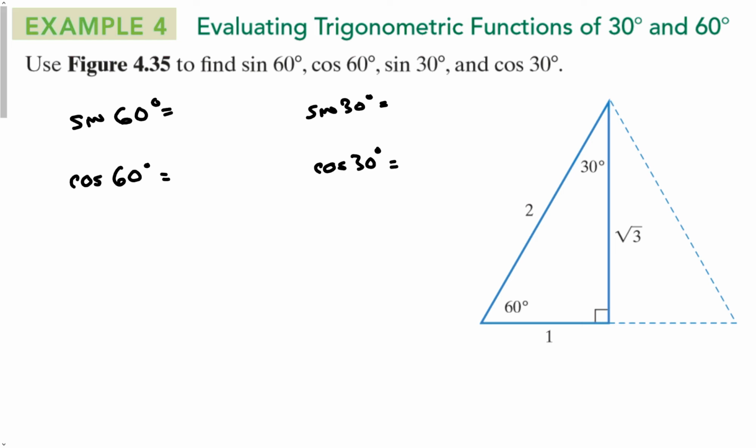If I want the sine of 60, that's this angle. Sine is opposite over hypotenuse. Cosine is adjacent over hypotenuse. But if I want the sine and cosine of 30 degrees, now I'm looking at the angle at the top. Now 1 becomes the opposite, 2 is still the hypotenuse, and the adjacent side is the square root of 3. Okay?